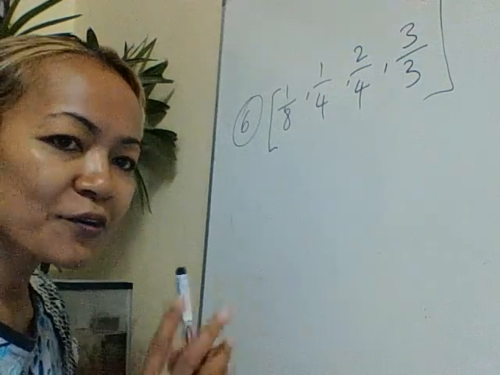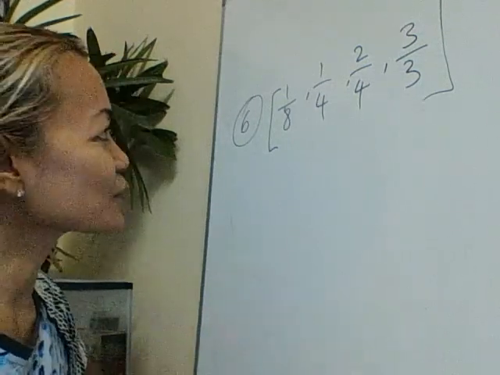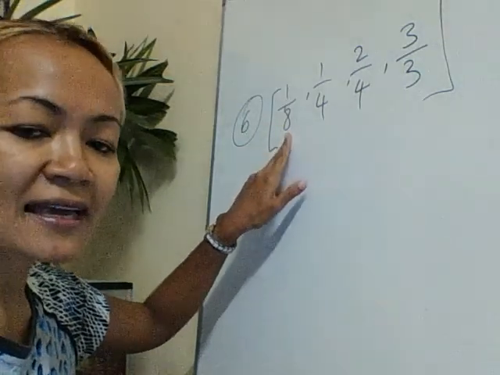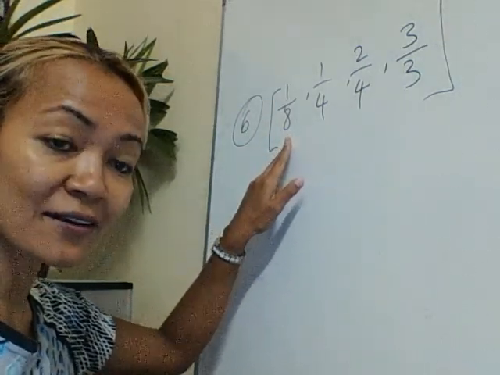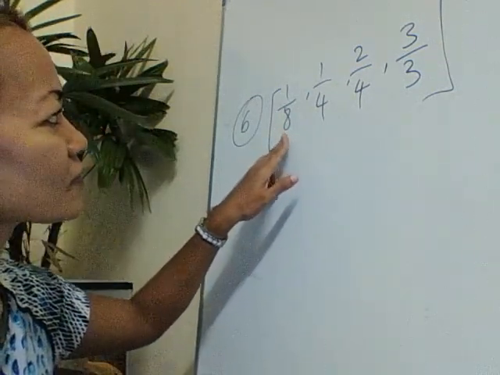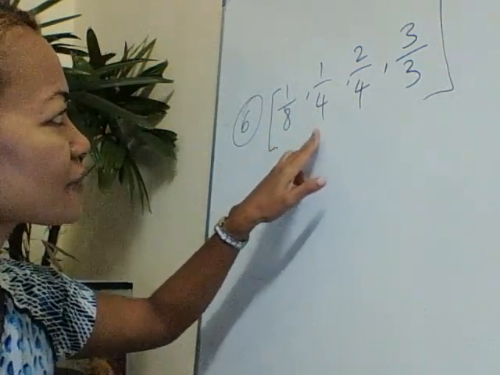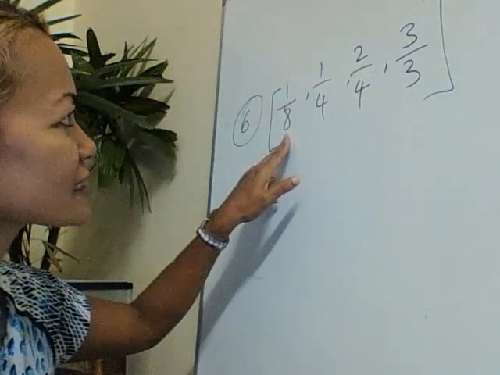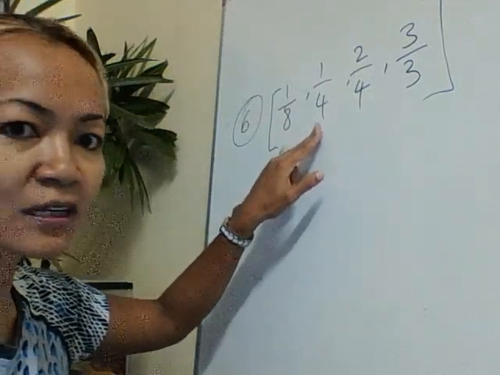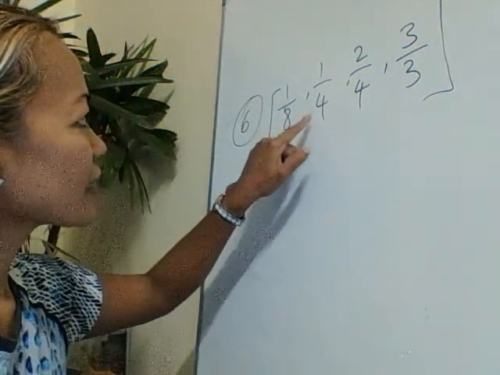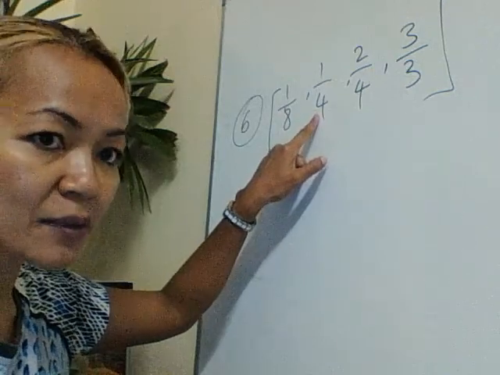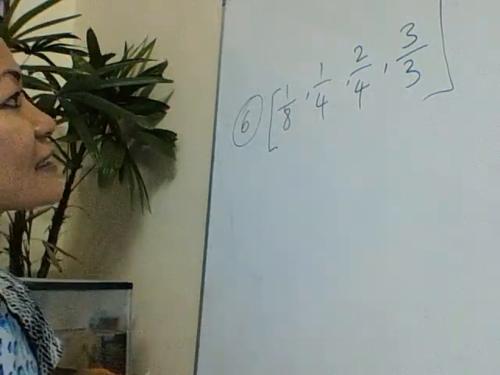So how you can compare them is you've got to make them have a similar denominator. That's how you then can compare fractions. So if you look at these numbers, you can see that 8 and 4, there's a close relationship there. This 1/4 can be converted to a number over 8. Okay, let's do that.